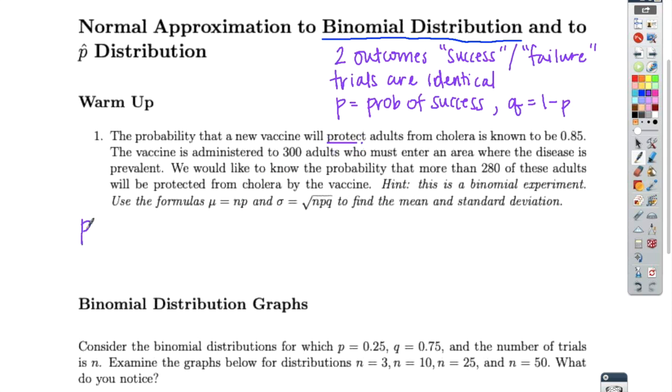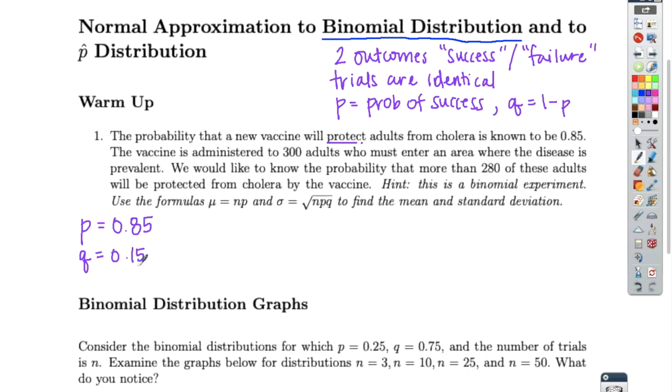So p is the probability that it keeps an adult from getting cholera. Probability of success is 0.85. Now that tells us that the probability that this vaccine does not protect an adult from cholera is whatever's left over. In this case, 1 minus 0.85 is 0.15. So 85% probability and 15% probability.